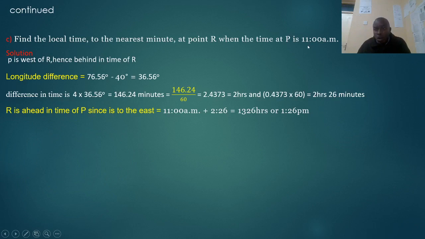So you add 2 hours 26 minutes to 11, it becomes 13:26 hours. So you can write it as 13:26 hours or 1:26 p.m. So that is the time at R.